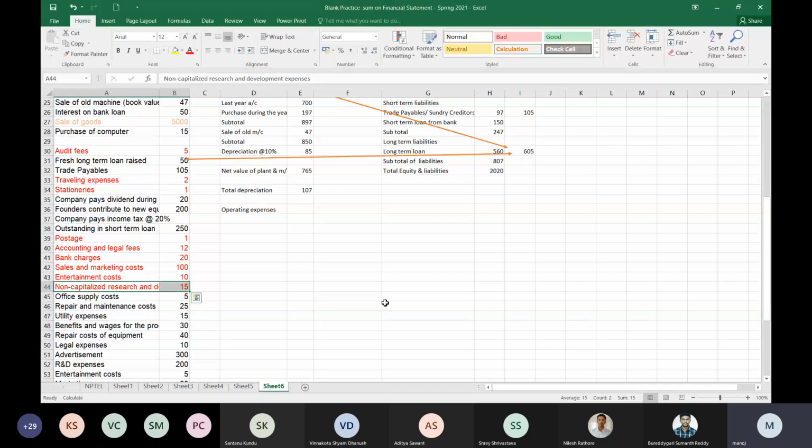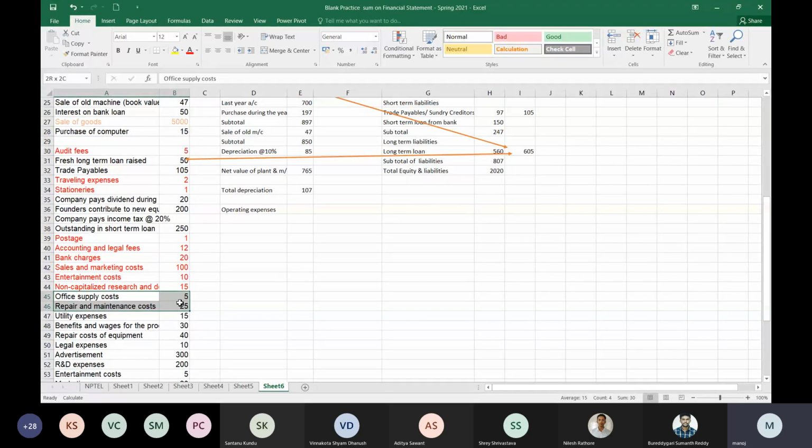You don't want to allow that as operating expenses, because if you do that, your profit and loss account will start bleeding, meaning you will incur losses. You don't want to show that. That is why whenever there are major R&D expenses or advertisement expenses, preliminary, pre-operative or anything like that, this can be capitalized. It is your prerogative to do. You can jolly well do that without asking anybody. So this non-capitalized research and development expenses will be shown as operating expenses.